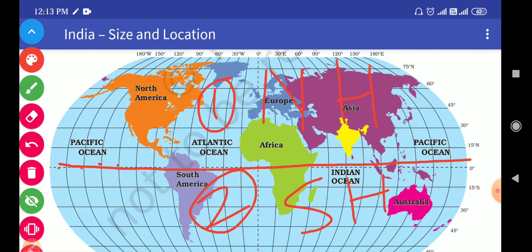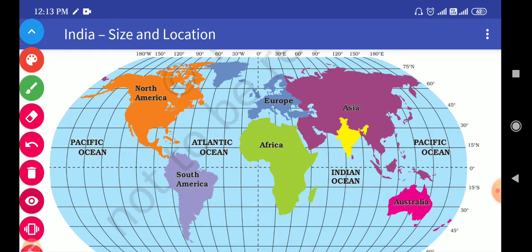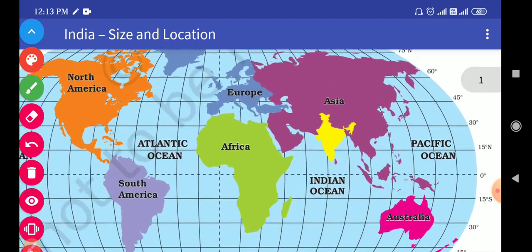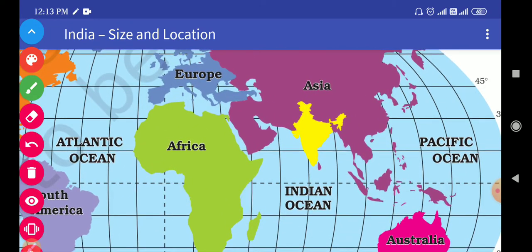Basically, hemisphere means half of the terrestrial globe. So it is on the north side, that is why it is called northern hemisphere, and it is south, so that is why it is called southern hemisphere. Here we are going to find out India's location according to latitudes and longitudes.